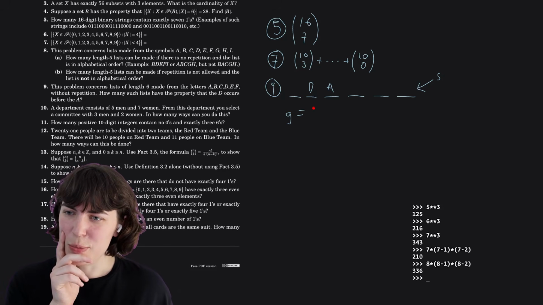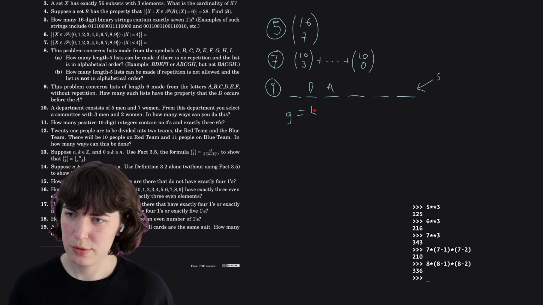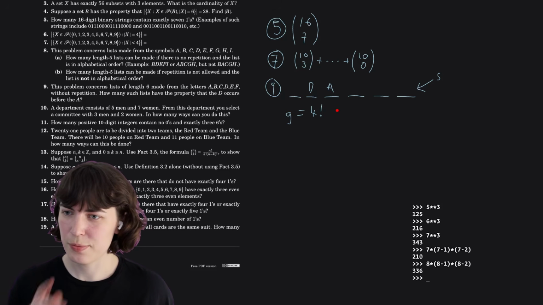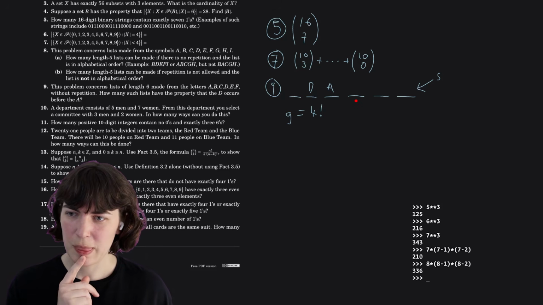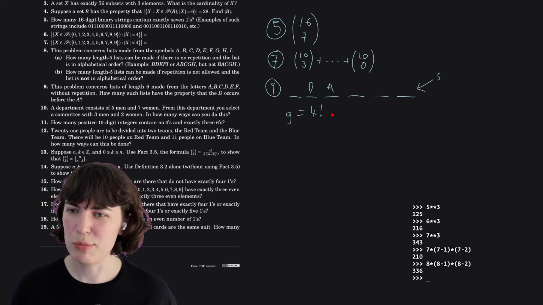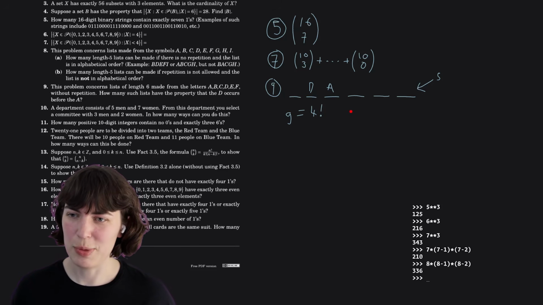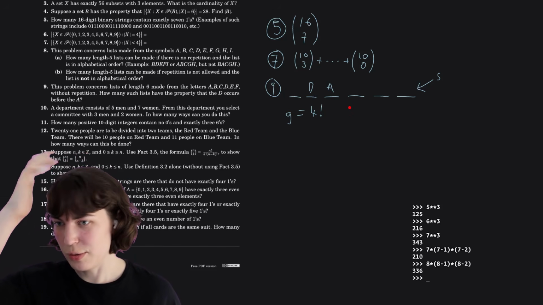So that's going to be 4 factorial, right? It's just going to be 4 factorial. Because we're just looking at permutations of 4 symbols across 4 places. So we're not dividing anything out, and so we don't need to worry.